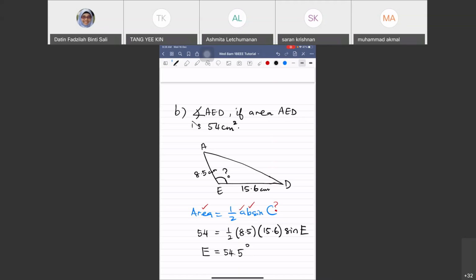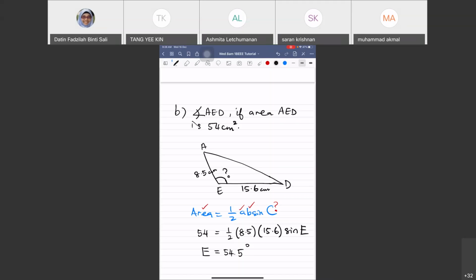What should you do? Maybe minus from 180. We'll get 125.5. Yes, correct, Saran. Because with sine you can consider angles from quadrant 1 and quadrant 2. If you look at the diagram, it's an obtuse angle, more than 90 degrees.